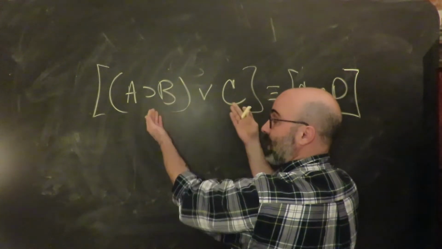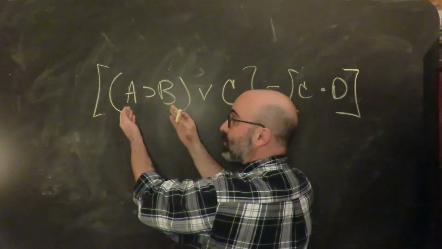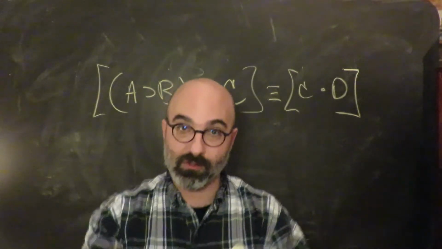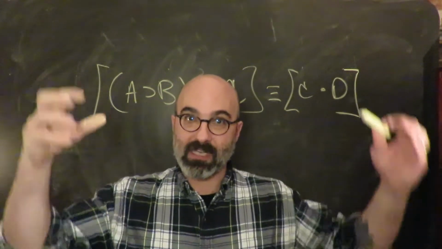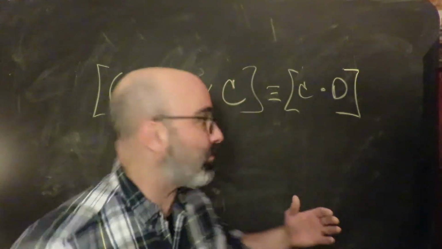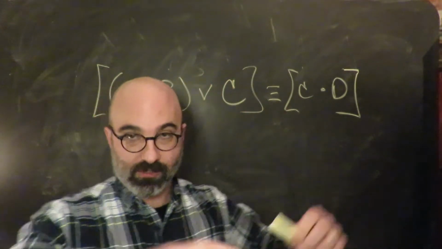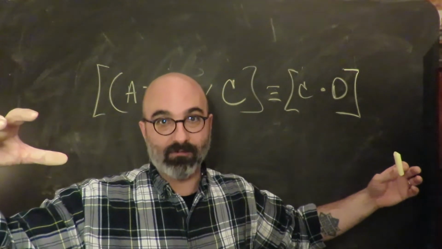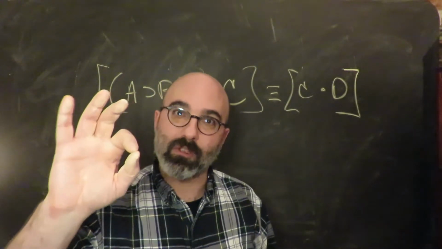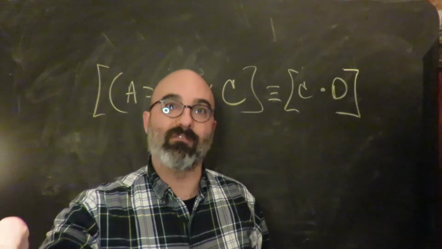The disjunction has got 2 disjuncts. This disjunct itself is complex, and it's a conditional. And we could continue to nest them deeper and deeper and deeper. The crucial thing to see is that whatever is the last one, the least embedded of the connectives, is what's called the major operator. It's the one that you do the computation on the very last.